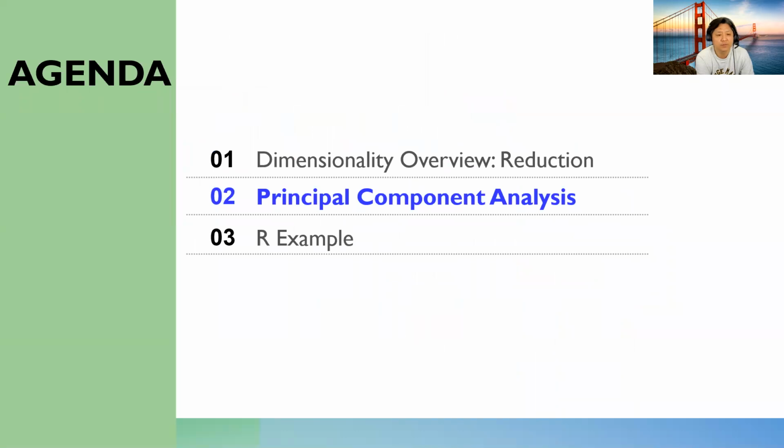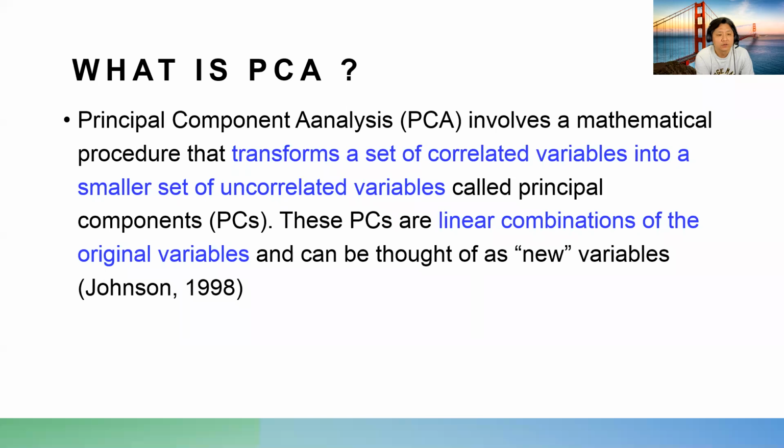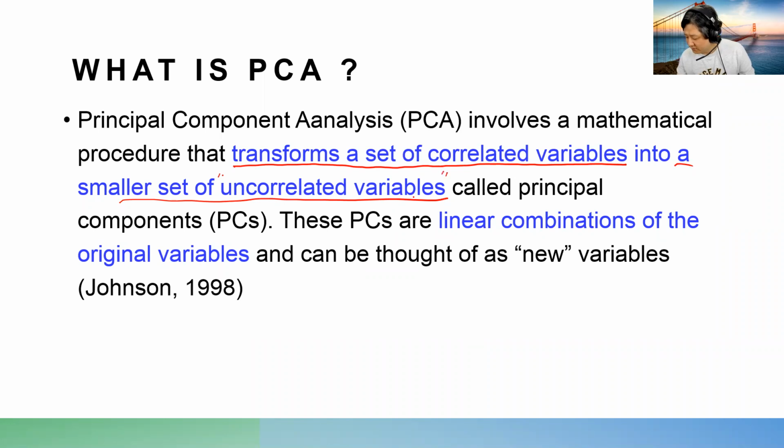Okay, so principal component analysis. So what is principal component analysis? Principal component analysis involves a mathematical procedure to transform a set of correlated variables into a smaller set of uncorrelated variables. So actually this variable is the principal component.